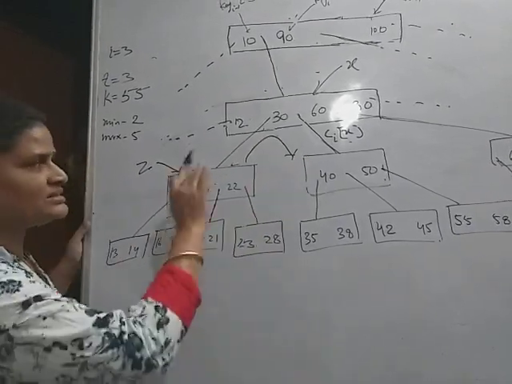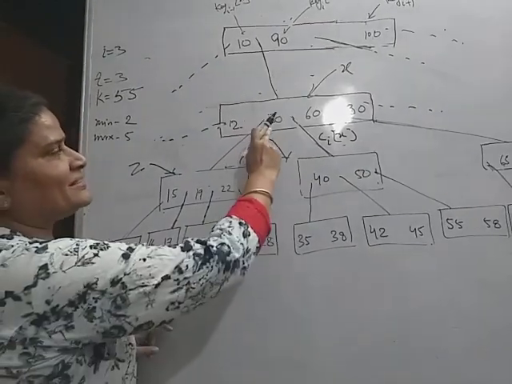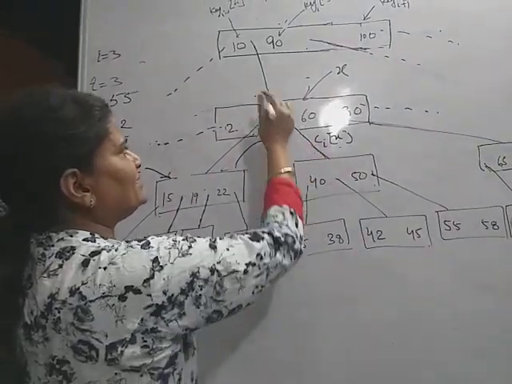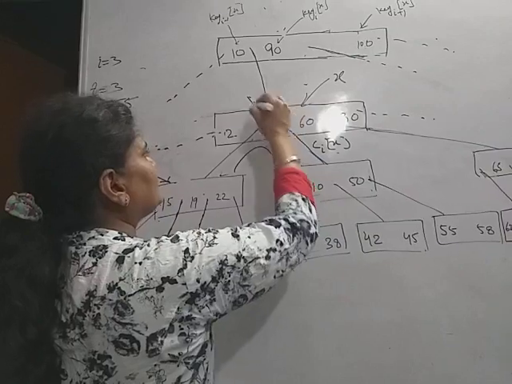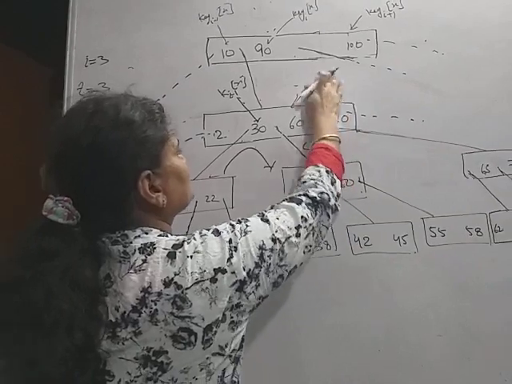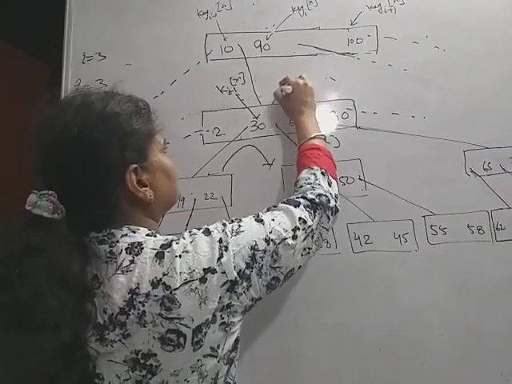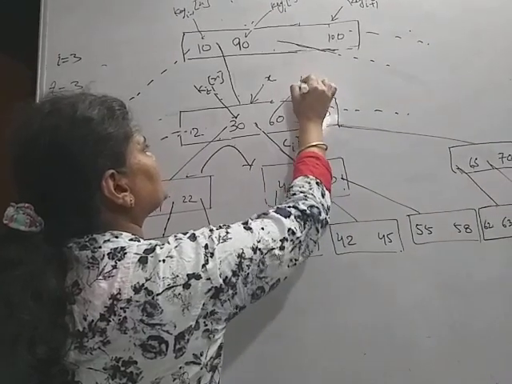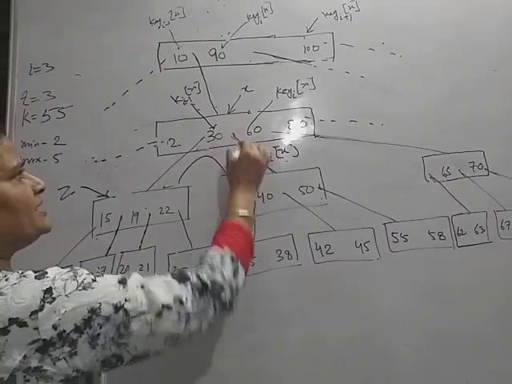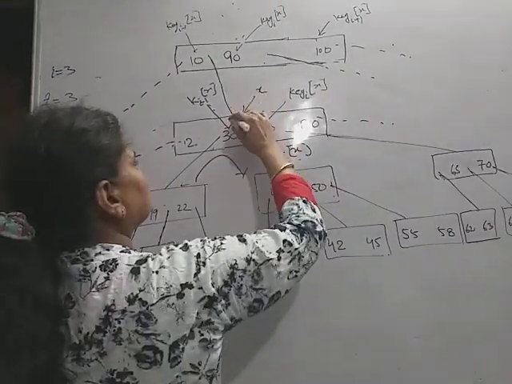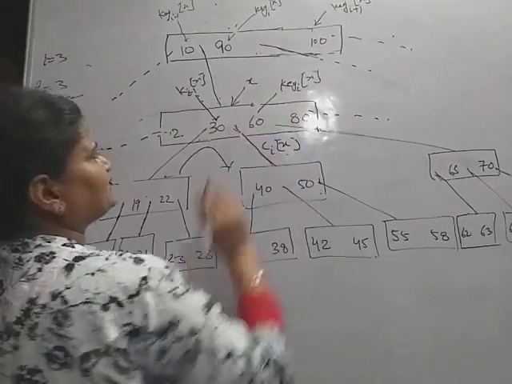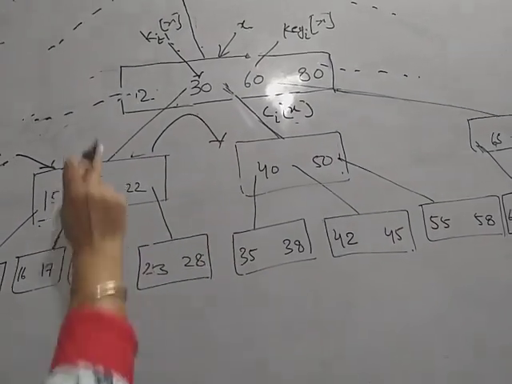What is this rotation? Here this is Ci, the ith child. This is X, this is the (i minus 1)th key of X, and this is the ith key.